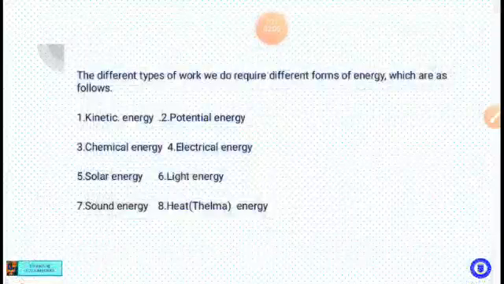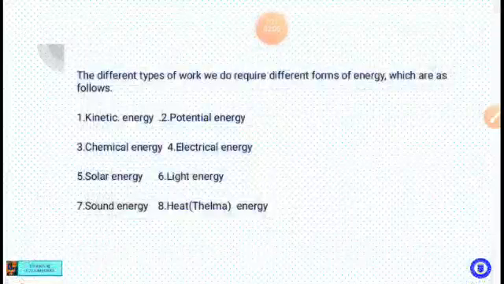Now, we have different types of energy. We can also call them forms of energy, which helps us to do different types of work, be it running, be it writing, be it jumping, be it playing. Now, below are the different forms or types of energy. Repeat after me. We have 1.